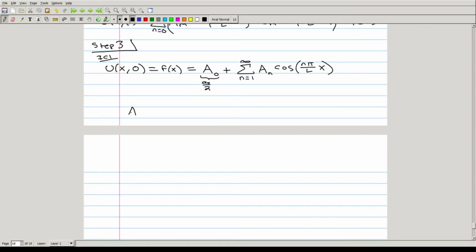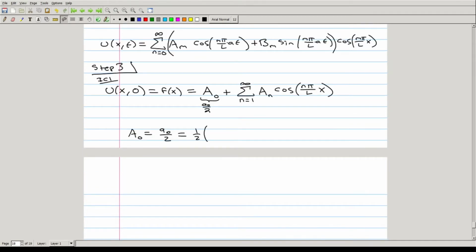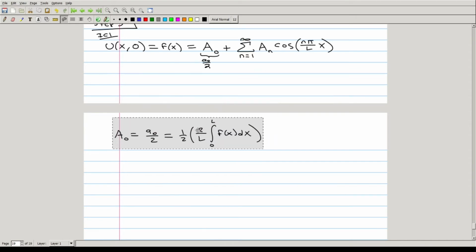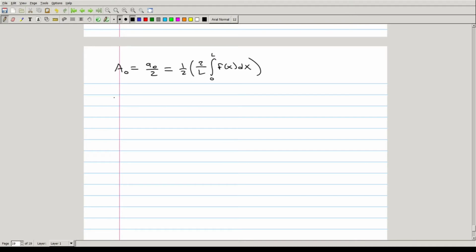So this capital A naught is a naught over 2, which for the Fourier cosine series is going to be 1/2 times 2 over L times the integral from 0 to L of f of x dx, and an is going to be equal to just the Fourier cosine series an formula, which is 2 over L times the integral from 0 to L of f of x times cosine of n pi over L times x dx.